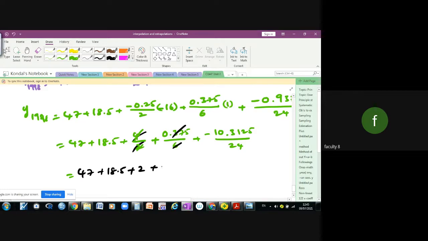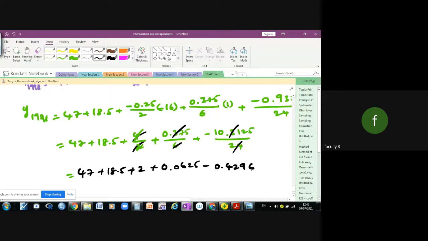How much will we get? 0.0625. So your plus minus minus. So if you cancel it, 10.3125 divided by 24, you will get 0.4296.